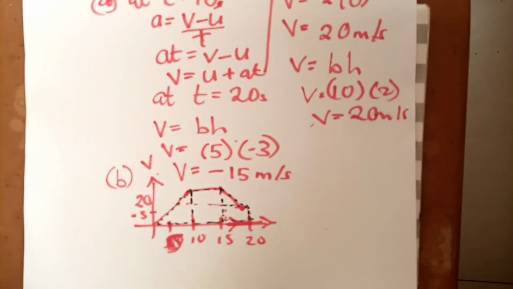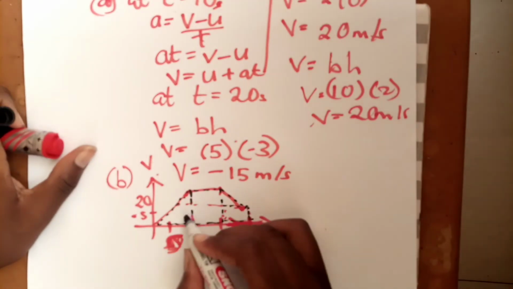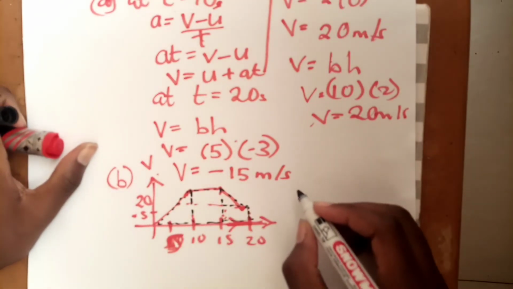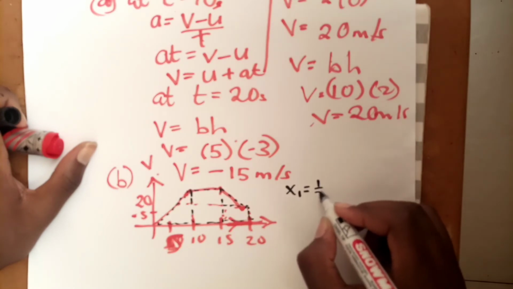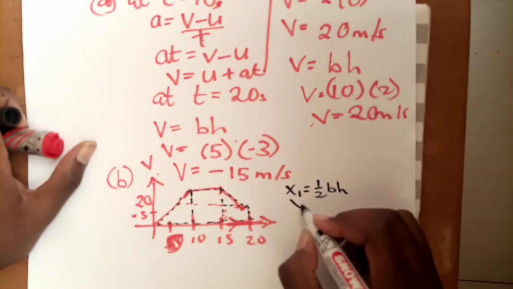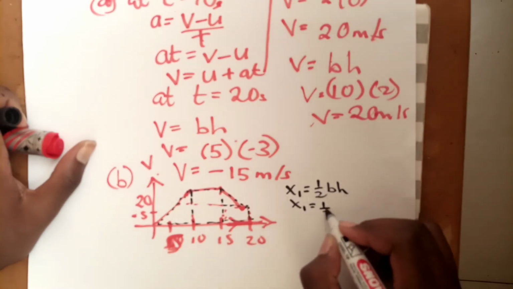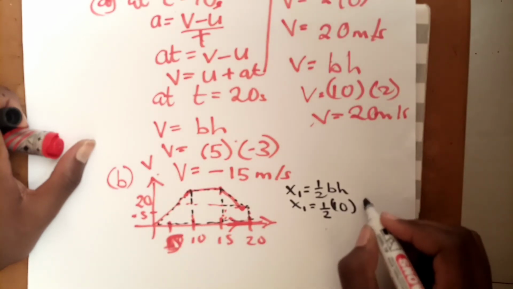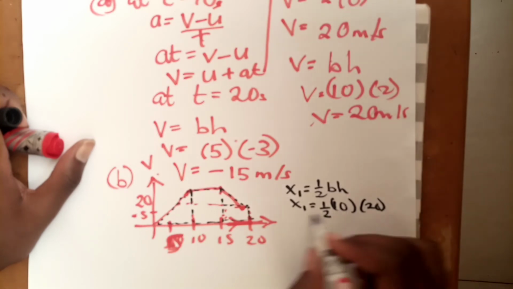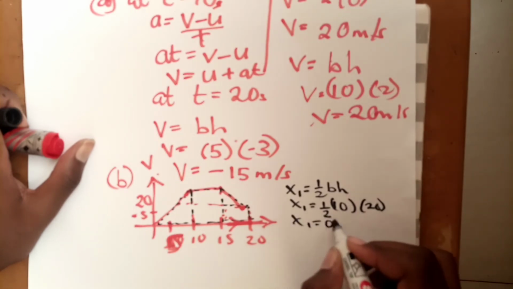Now these are our shapes. The first distance, let me put this as x1, is equal to half base times height. So x1 is 1 over 2, the base here is 10, the height is 20, so this brings us to 100. So x1 is equal to 100.